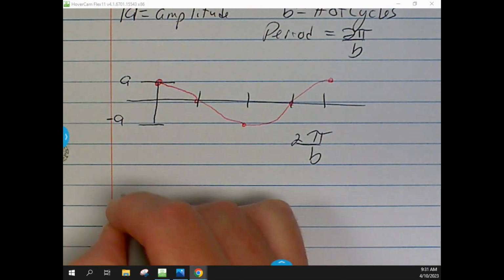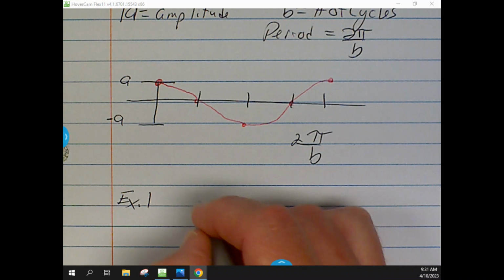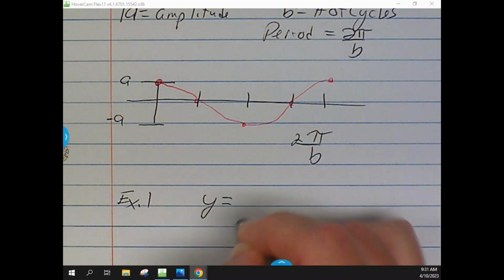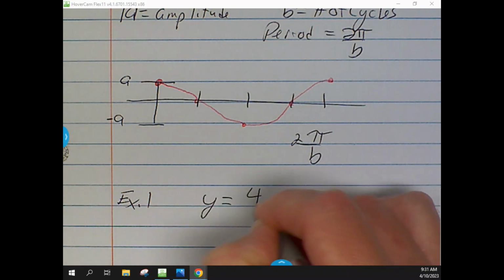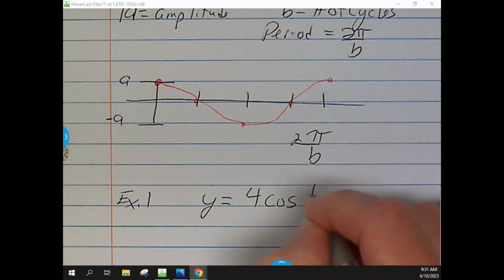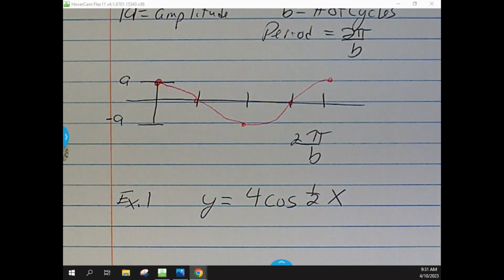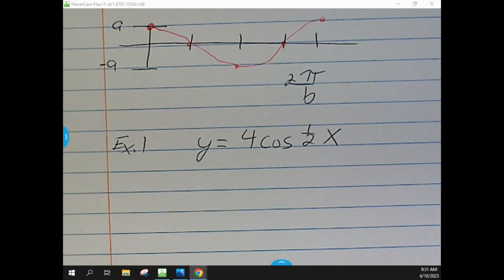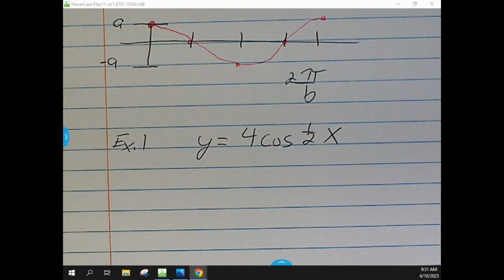All right, here we go. We'll do a couple examples to make sure we're good. Hopefully this doesn't freak anybody out too much. So for example 1, we're going to do 4 times the cosine of 1/2 x.